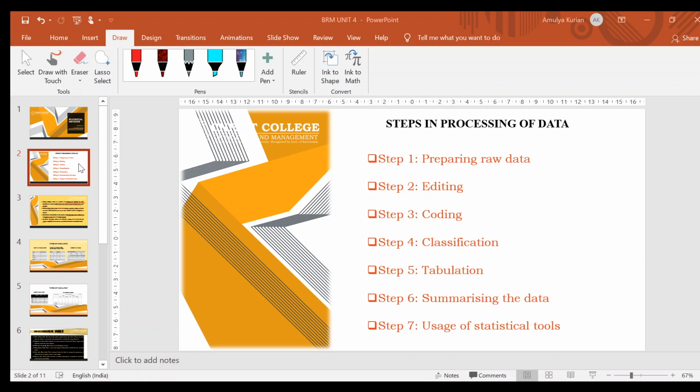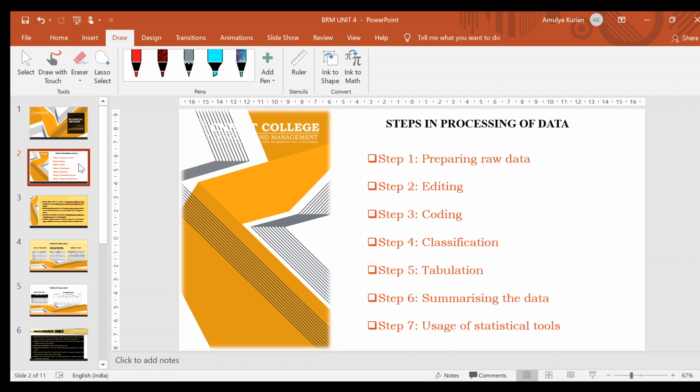The first one is preparing raw data. In preparing the data, it will continue in raw form unless it is processed and analyzed. So the data will be collected and scattered. It will be collected in different ways. For example, it can be a recording, it can be an observation, it can be a questionnaire.